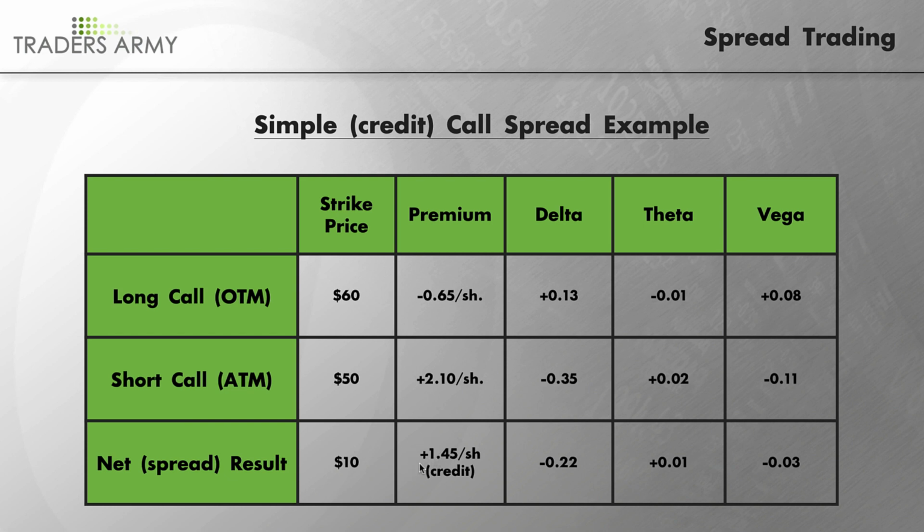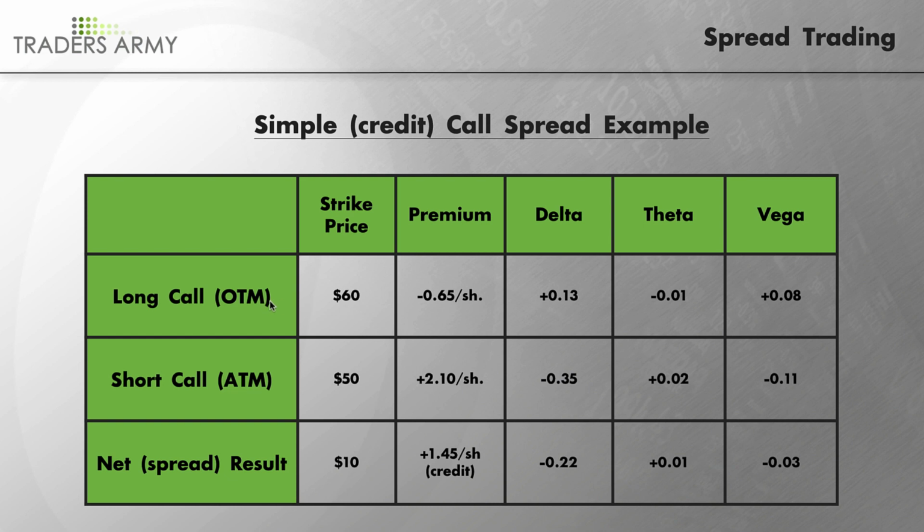Now, how do we get money coming into our account to establish a position? Well, if you look at our short call, it is now the one that's at the money. So we are selling a $50 call option, which brings in $2.10 to our account, and then taking some of that credit and purchasing an out of the money option, a higher strike call option, maybe the 60 strike calls.